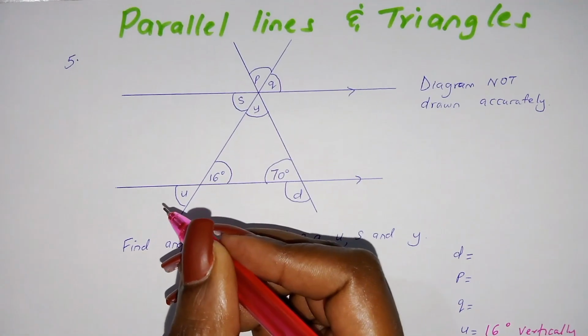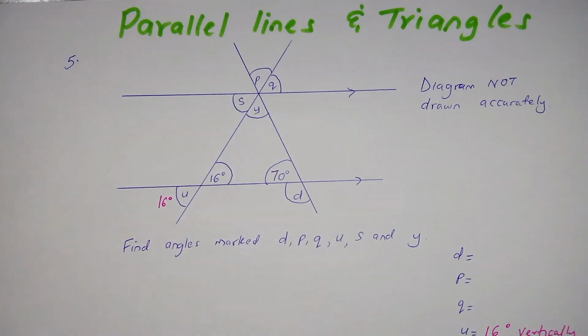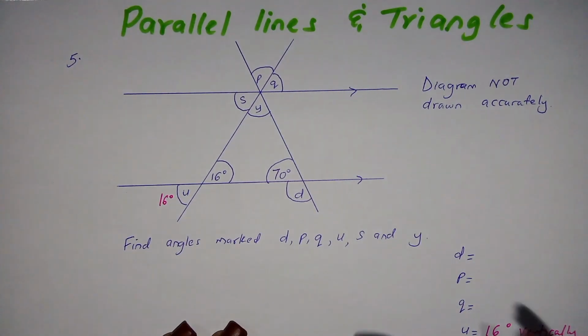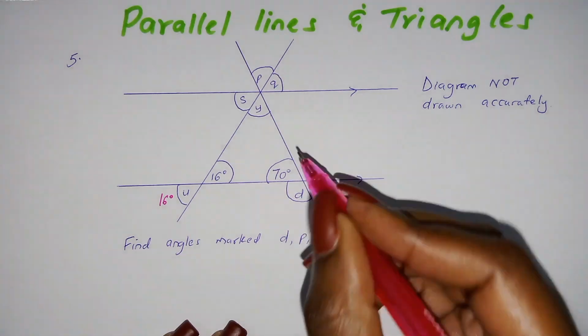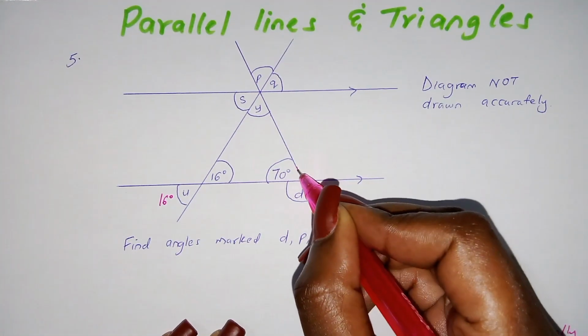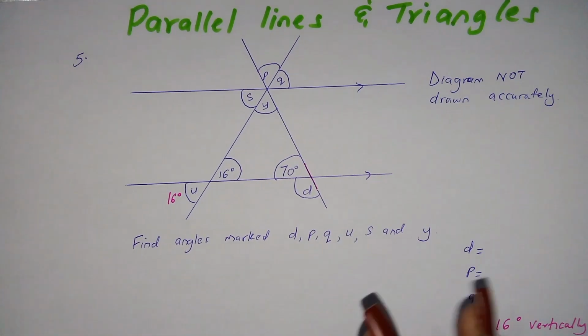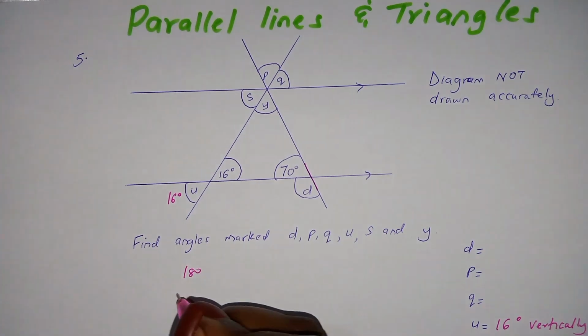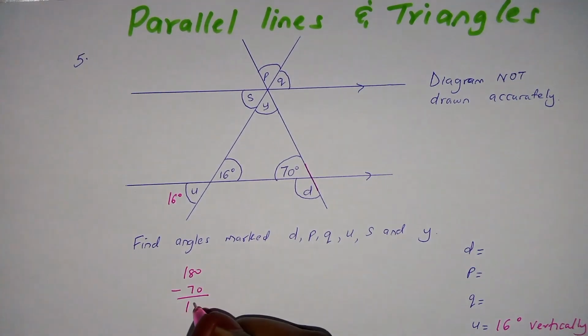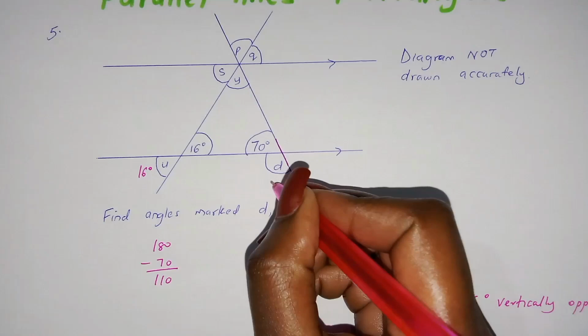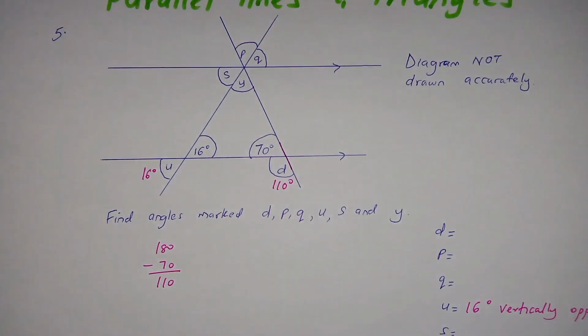So come and write here 16. Okay, then this one is a straight line, so we can say 180 minus 70 would give us D, that is 110. Therefore this is 110.